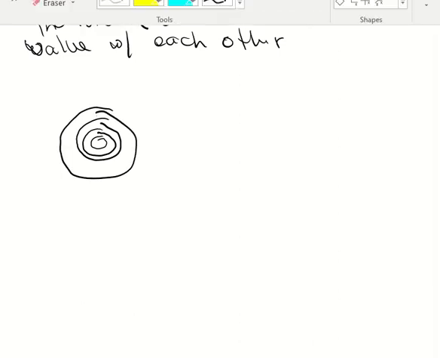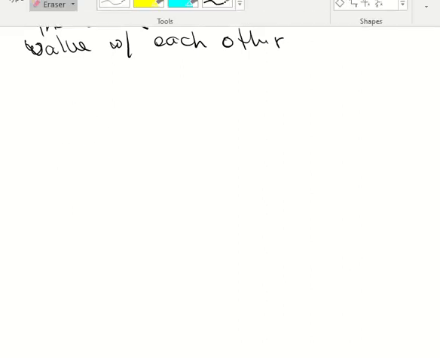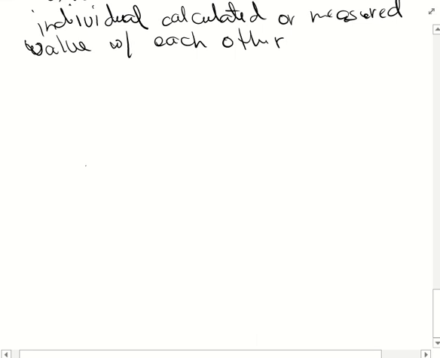If I have here a dart board with a bull's eye, then I throw some arrows here, and these are the marks of the arrows.